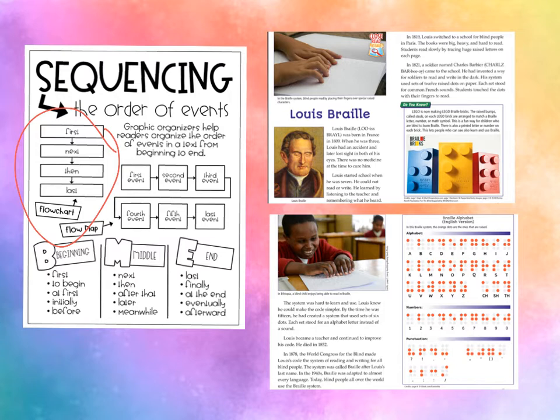It's kind of like a biography, kind of telling a little bit about him and how we came to use Braille, which if you aren't familiar with Braille, it's what blind people use to read, and it's those little bumps that you see on different places around school, and also they make special books for students that are blind so that they can read. And so we're going to read a little bit about him, and we're also going to be sequencing some events as we're reading.